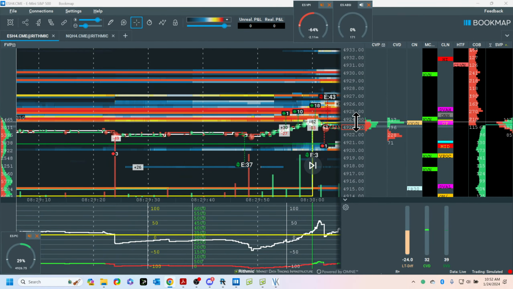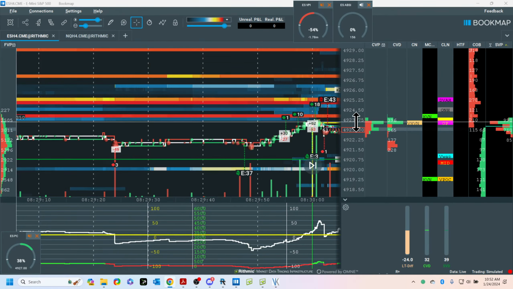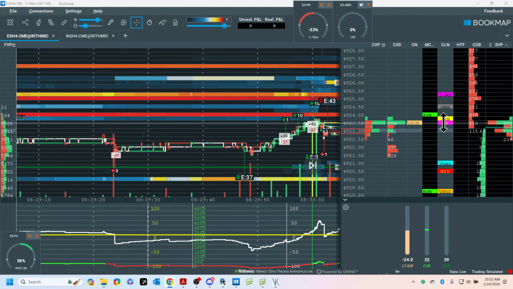Let's look at the open of RTH and see. Now we have a gap. Here's the open. Let's watch. ETH high, that's a high probability target. Are we going to go there first? You ask, so do I. Well, let's think about this.